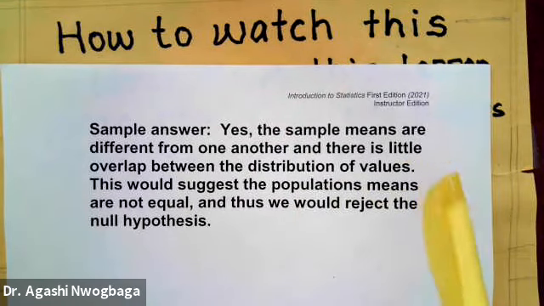Yes, the sample means are different from one another, and there is little overlap between the distributions of values. This would suggest the population means are not equal, and thus we would reject the null hypothesis.